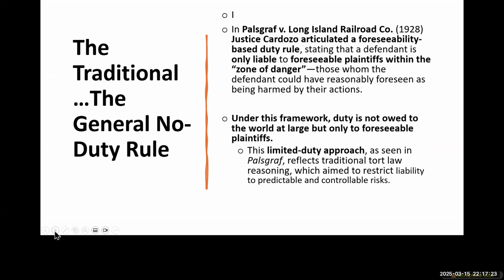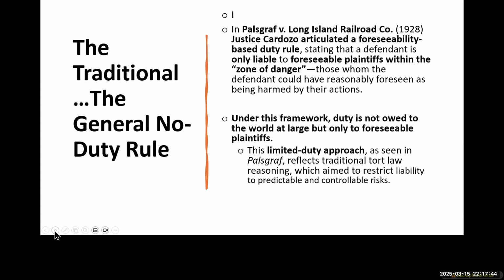In Palsgraf, not doing a deep dive, just enough to give you a foundation for the traditional approach to determining whether or not there's a duty. In Palsgraf, Justice Cardozo articulated a foreseeability-based duty rule.